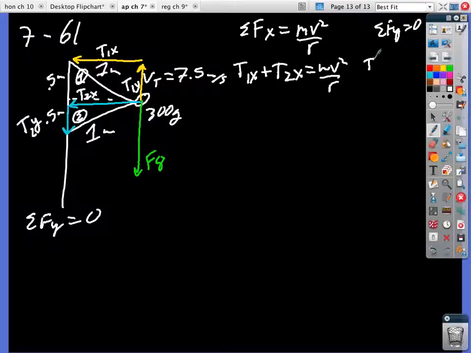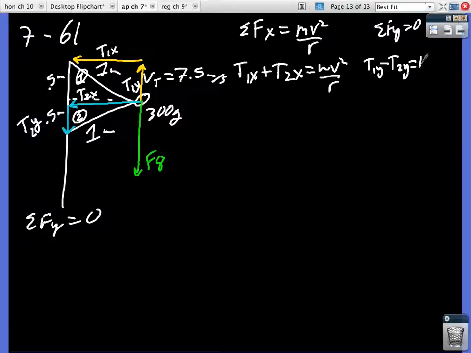So we have T1y minus T2y, because T1y goes up, T2y pulls down, and that equals mg. So then we go through this whole rigmarole.